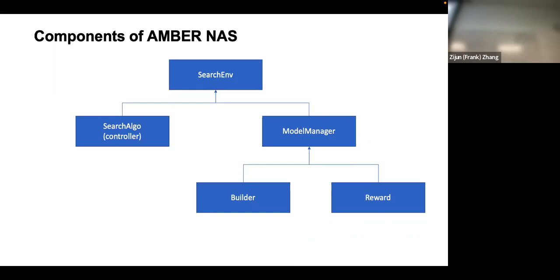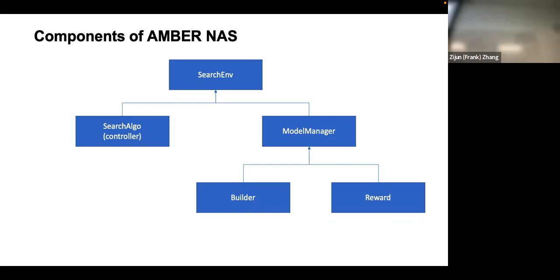So the proposed architecture tokens will be fed into this model manager, right? Model manager has two workers for it. The first one is the builder. Builder takes in this proposed architecture and converts that into an actual CNN model, right? Then this manager will train this model and call this reward function to evaluate the model's performance.